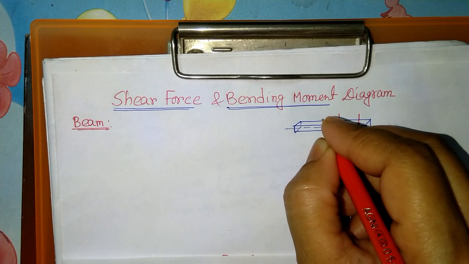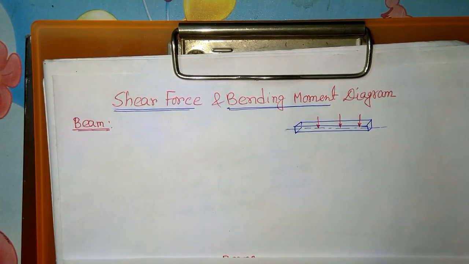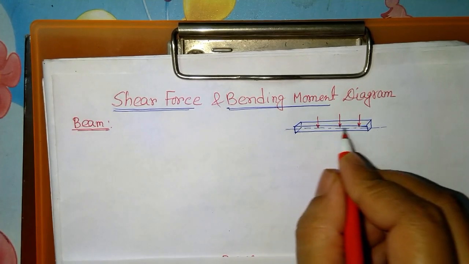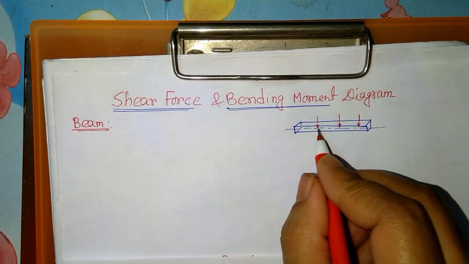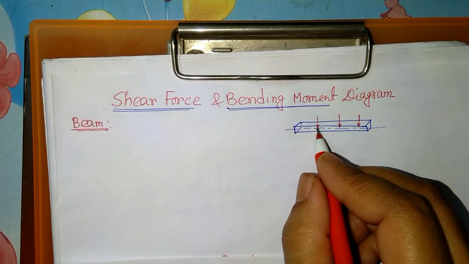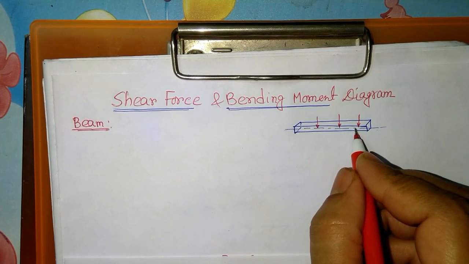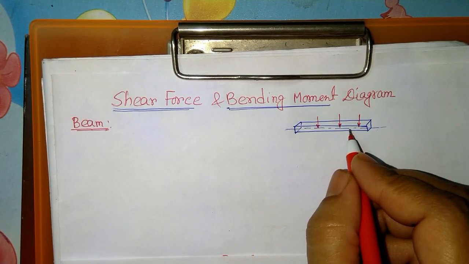Okay, so this we defined as a beam: a horizontal member on which transverse or vertical forces, perpendicular to the longitudinal axis, are acting.